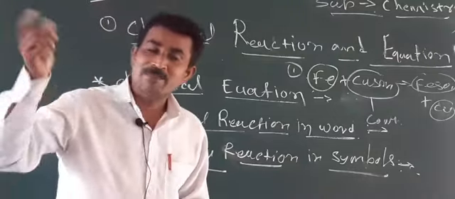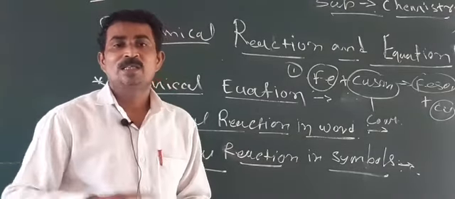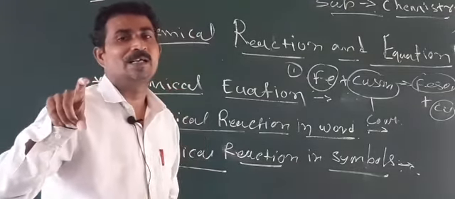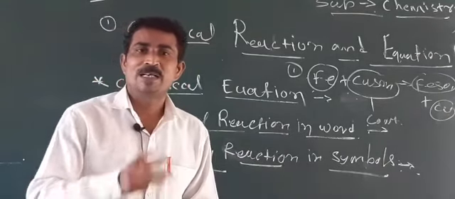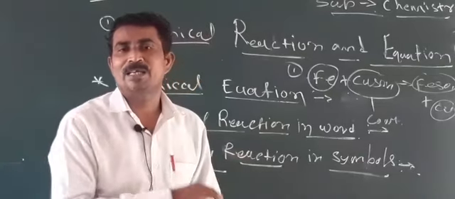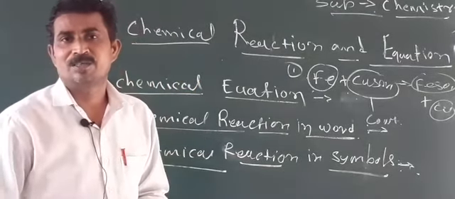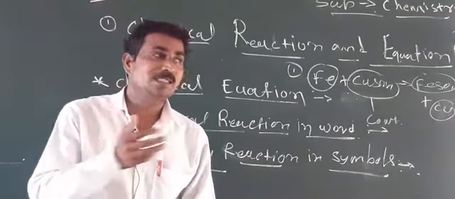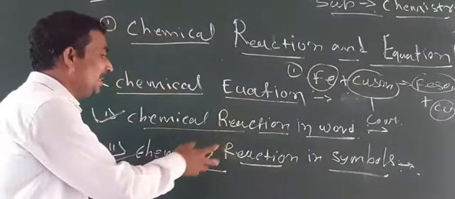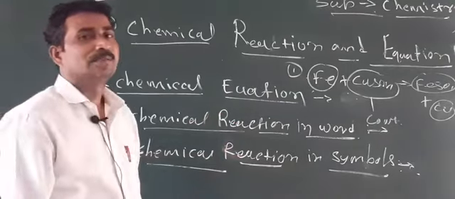Like that, in chemistry also one compound has only one identity, but it is called in different ways. One is the chemical name, another is the symbol name. This is what we learned today: two methods in the chemical equation.